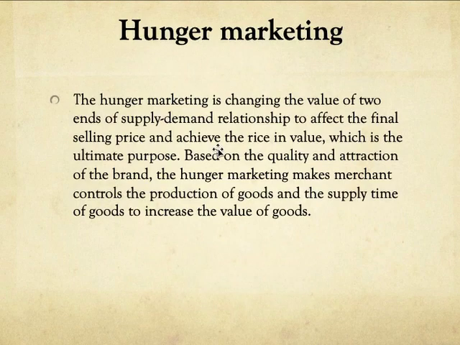This is not very scientific, since there is another strategy called hunger marketing, which we are going to consider, and hunger marketing will affect the market and affect the payoff of the player B.